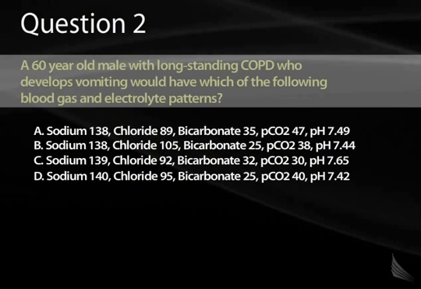We will review the clinical scenario to determine which would be the best answer. The question states that the patient likely has long-standing COPD, which suggests a chronic respiratory acidosis. The only choice that would suggest a chronic respiratory acidosis is A, where the PCO2 is increased.